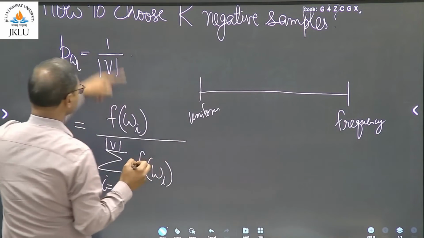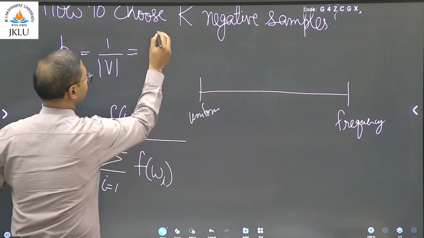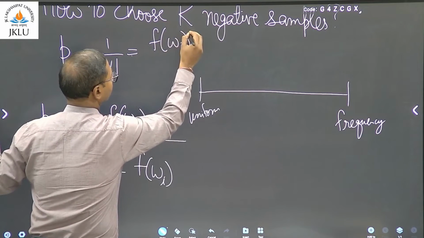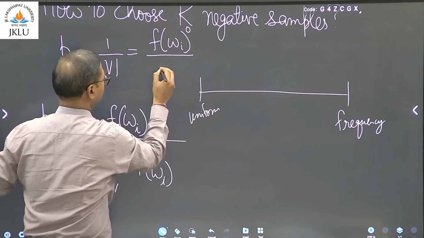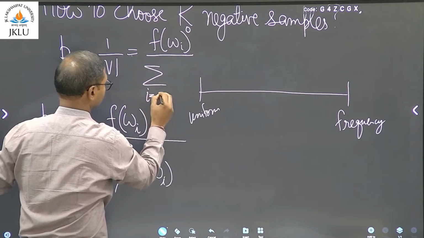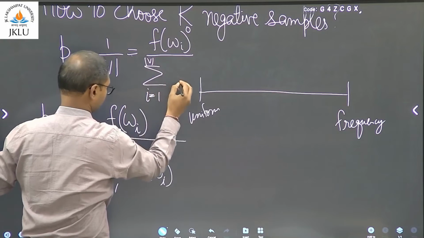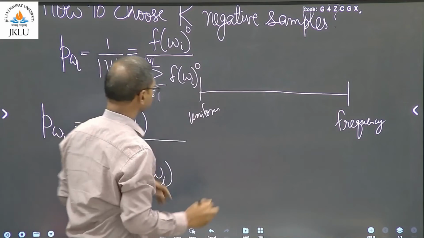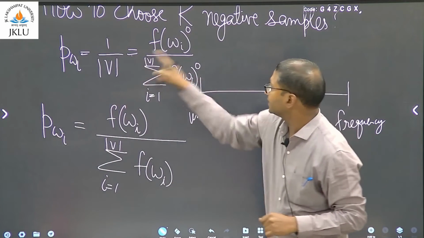how can I rewrite this in terms of this? This whole thing to the power 0, divided by the same. Can I write this like this?